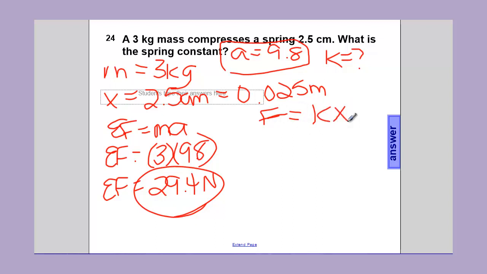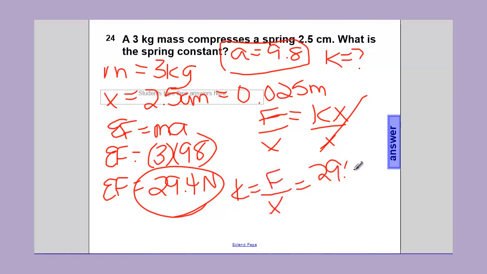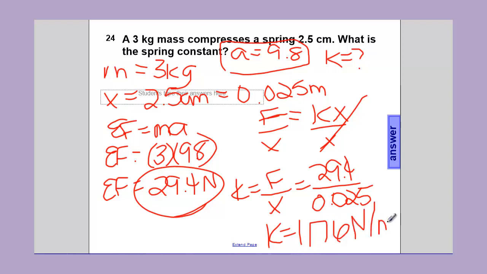So we've got a force and we've got X. So we would divide by X over here, and we're going to get our K. So K equals the force divided by X, which gives us 29.4 divided by 0.025. And we get that our K is 1176 newtons per meter.